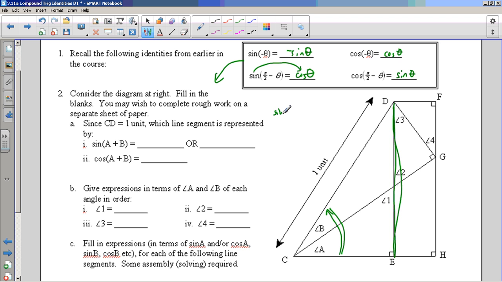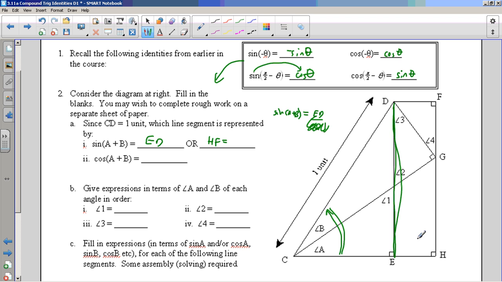So the sine of A plus B is opposite ED over hypotenuse CD, but CD is just 1. So then sine of A plus B is just ED. Or it says ED is the same as HF.